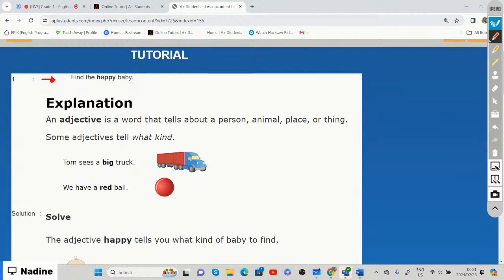And if we were to identify the adjective, then we would say happy. That basically describes the baby. Find the happy baby, meaning that the baby is happy. We could have even said that the baby is crying, right? But in this case, happy describes the baby. So, what kind of baby? It is a happy baby.